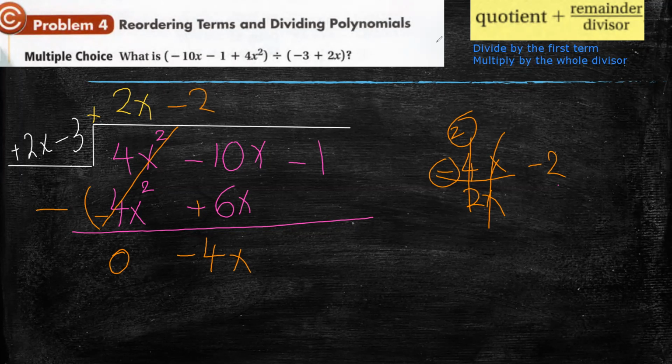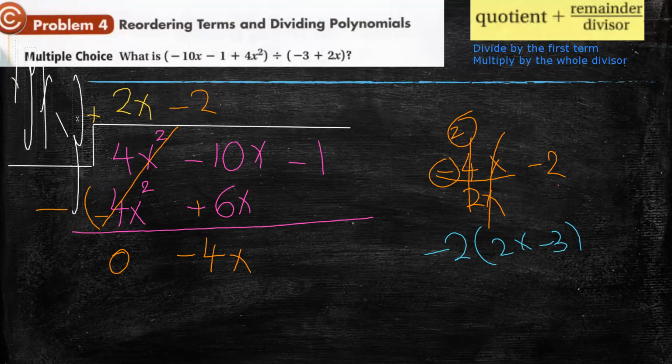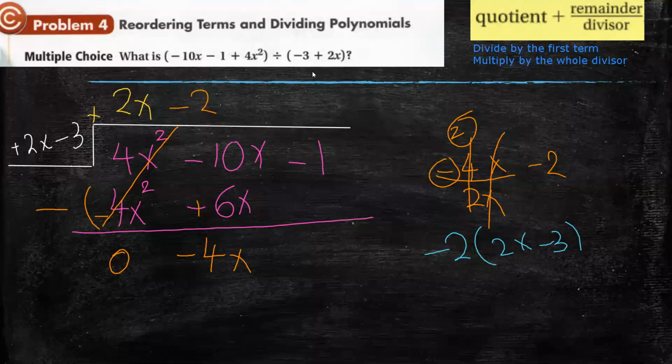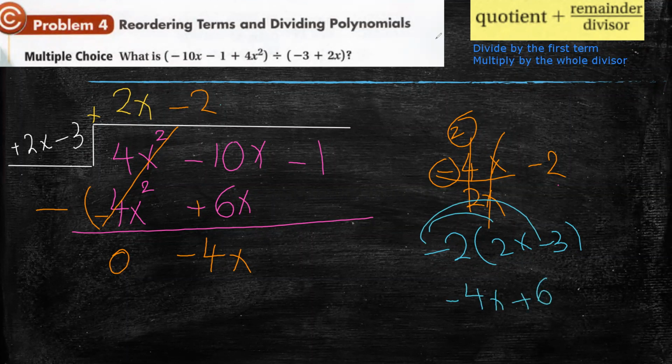Let's now multiply negative 2 by 2x minus 3. Don't multiply 2 only. You write what you added, you added negative 2. So you have to multiply the whole of negative 2 times 2x minus 3. We have negative 4x plus 6.